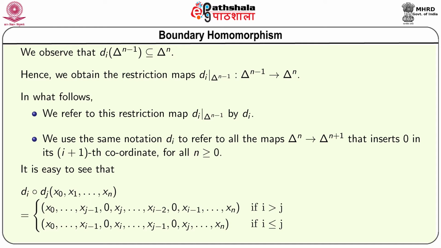One is after x_(j-1) and the other one will be after x_(i-2). But if i is less than or equal to j, then two zeros will be inserted, one in between x_(i-1) and x_i and the other one between x_(j-1) and x_j.